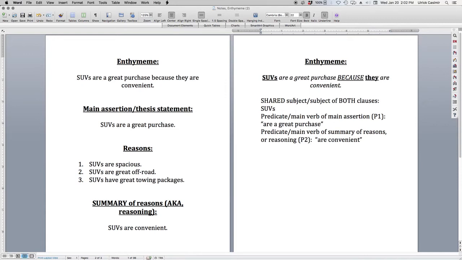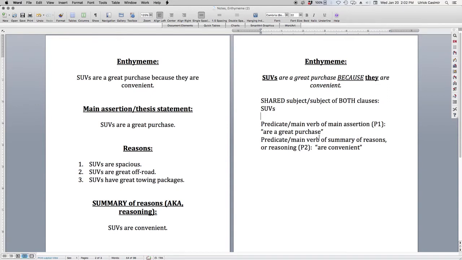So what you have here is a breakdown of the enthymeme on a grammatical level. Subject, shared subject, i.e. the subject of both clauses, is SUVs. The predicate or main verb of the main assertion is are a great purchase.